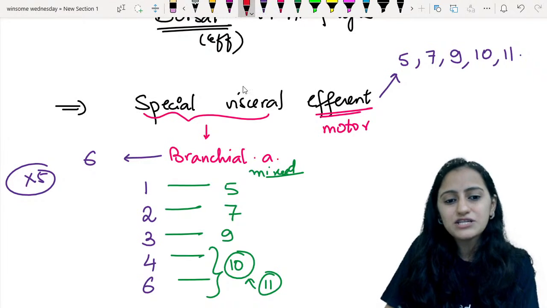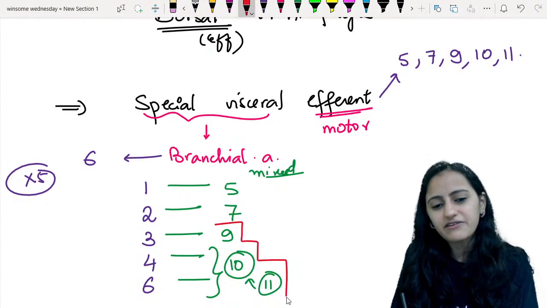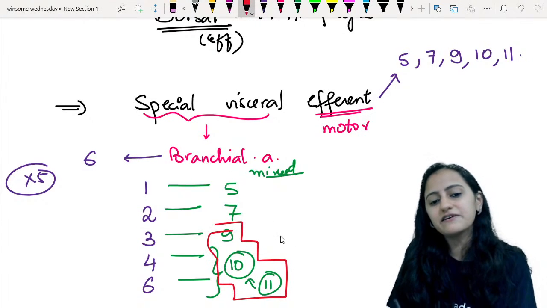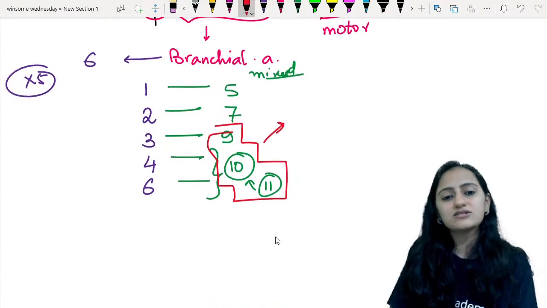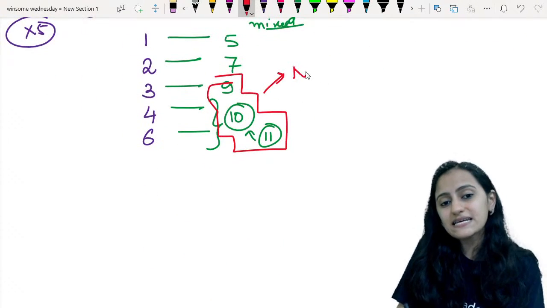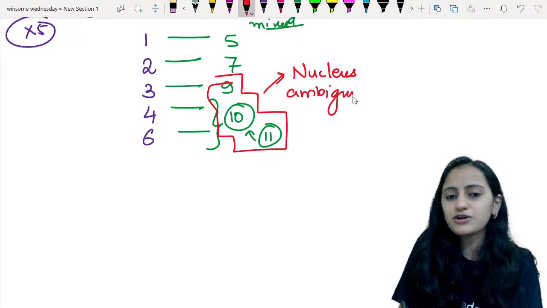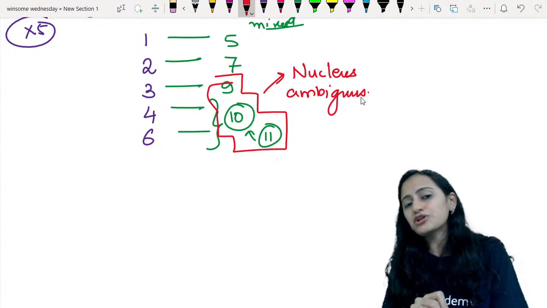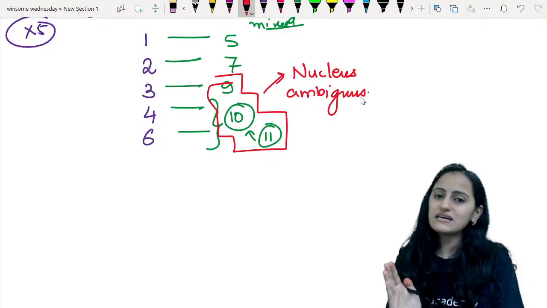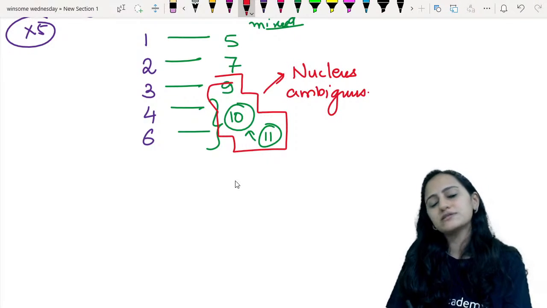And what is this nucleus called, where you have cranial nerves 9, 10, 11? 9, 10, 11 is your nucleus ambiguus. So nucleus ambiguus, 9, 10, 11 component of your special visceral efferent.